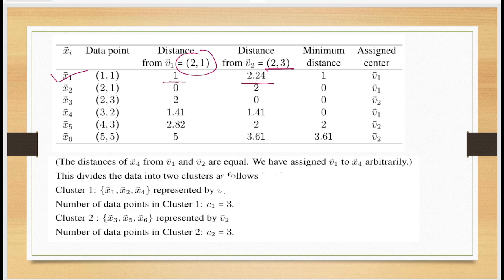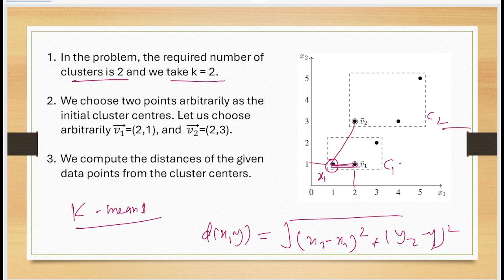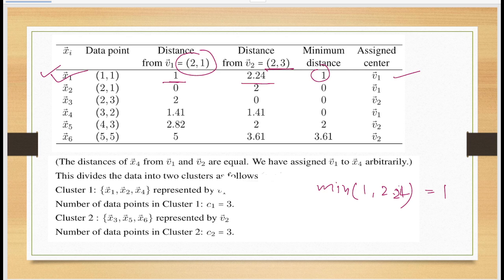If we compare the minimum of 1 and 2.24, we get 1. So we assign x1 to cluster C1, with centroid v1.